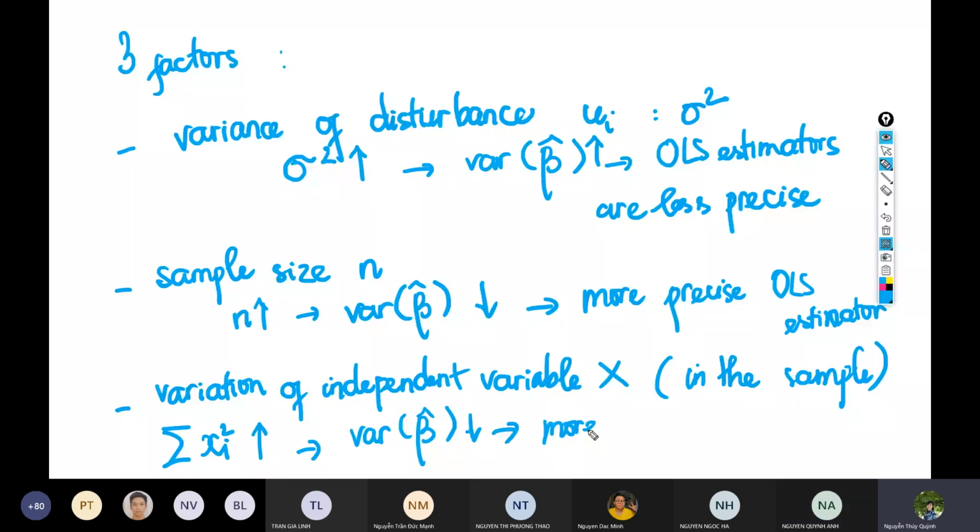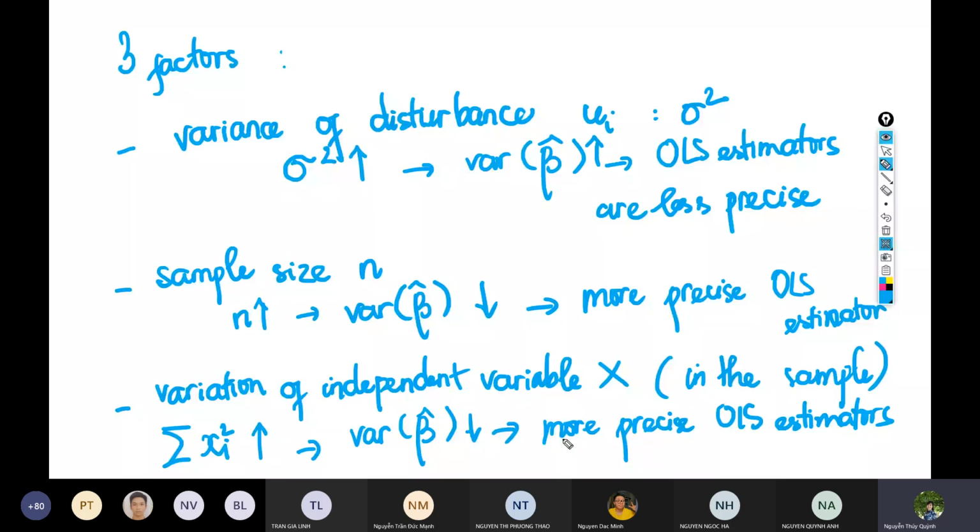Right. Okay, thank you. So there are three factors that affect the precision of OLS estimators. Okay, and we use the variance or the standard deviation to measure the precision of OLS estimators. Okay, thank you. That is question 3.